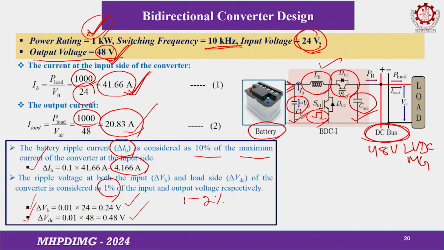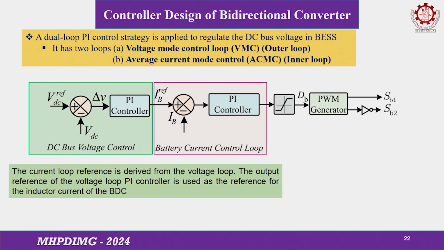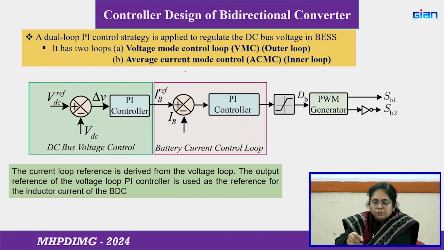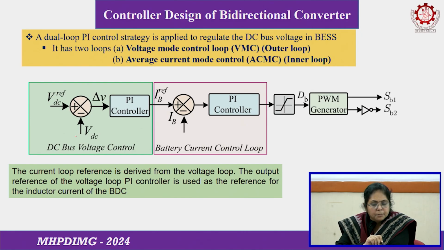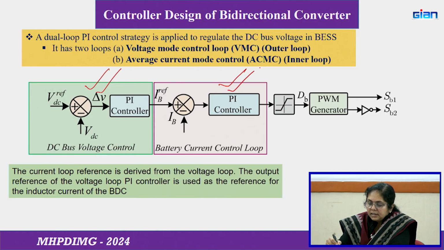For that, closed loop operation is very much required, and I am going directly to the closed loop using this dual loop control strategy. You can have a single loop also, using only the voltage control loop, but the final result I am showing you will give better performance. Here, dual loop means we have an outer voltage control loop and an inner current control loop.